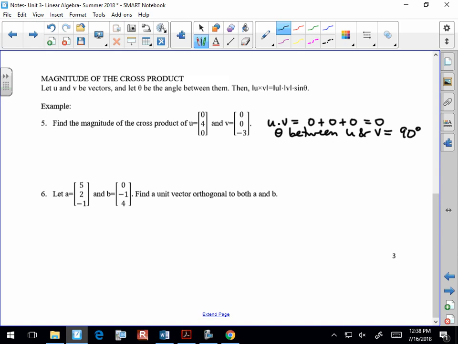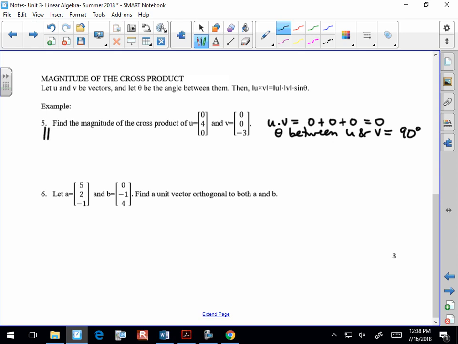If it's not equal to 0, then use your angle between two vectors formula: cosine of theta is equal to u dot v over the magnitudes multiplied. All right, so I know that now.